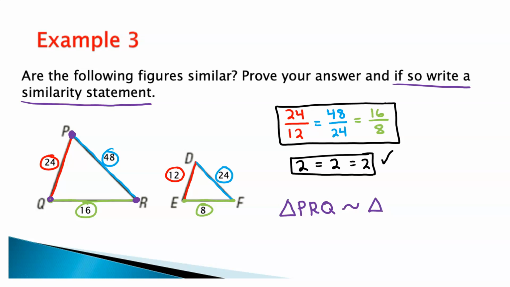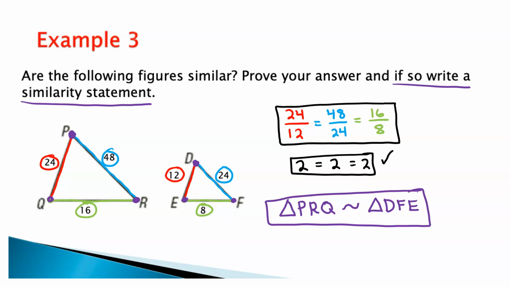And again, the order does matter. So I started up here at angle P, so I'm going to start here at angle D, move down to R. R matches with F, so let's go to F. And then the last one was Q, which matches with angle E. So that is how we write our similarity statement. The order does matter.